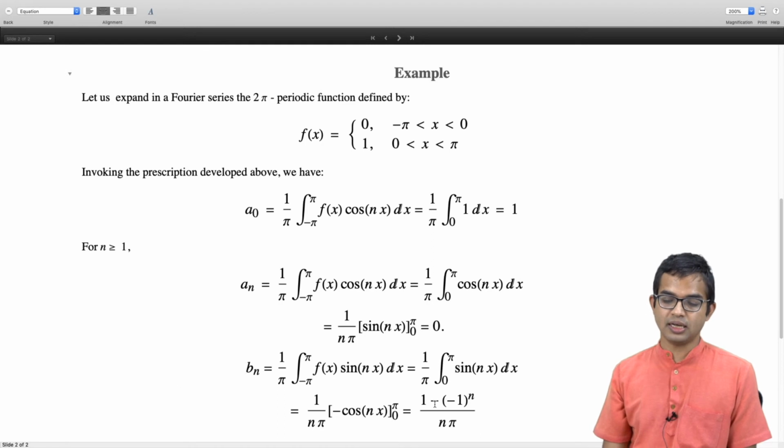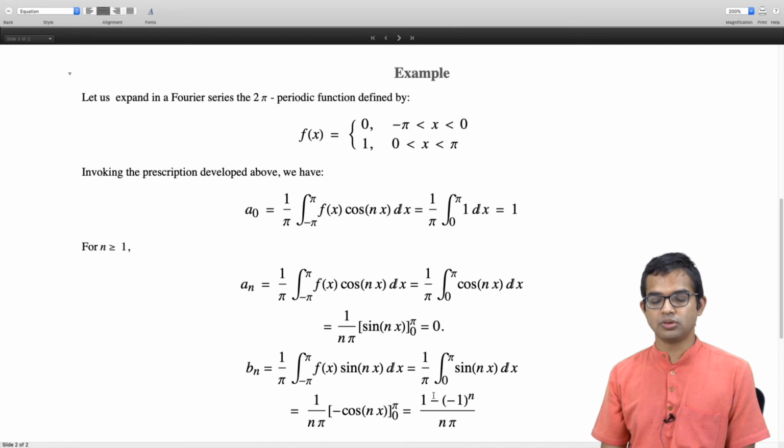Now we see that unless n is odd, this is going to vanish. If n is even, like n equal to 2, for example, then you get 1 minus 1 divided by 2 pi. It doesn't matter, it's going to go to 0. So if n is odd, you get 2 divided by n pi. Otherwise b_n is 0.